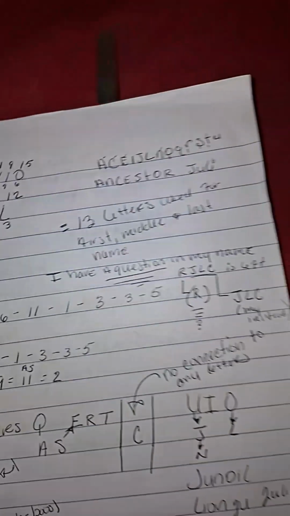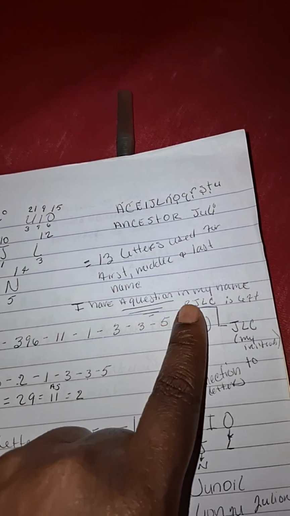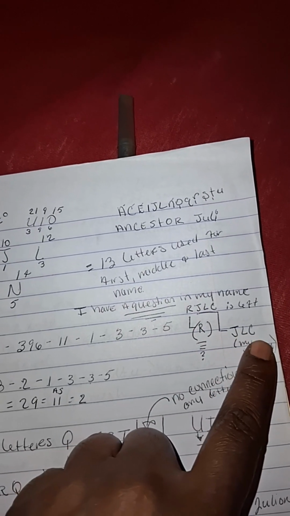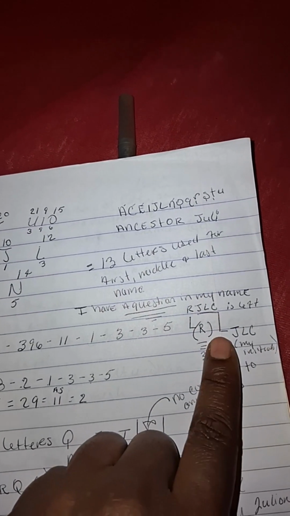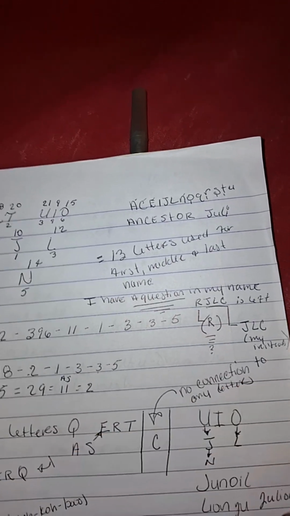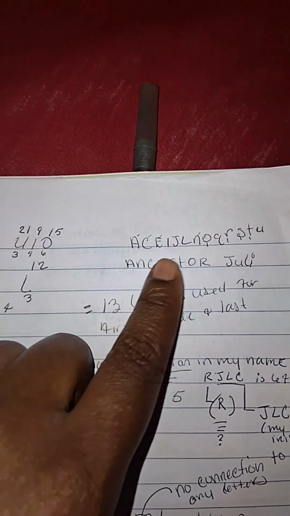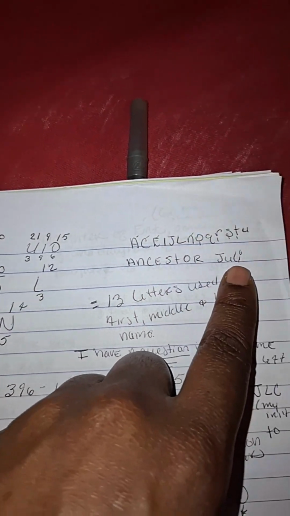A QUESTION. And what's left is RJLC, which JLC are my initials for my name, and then I would just leave R. So this is where it's getting interesting to me. But anyway, after I put them in order, ancestor is the first thing that jumped out.